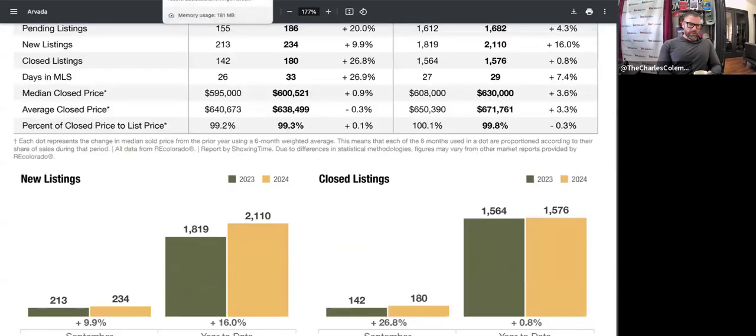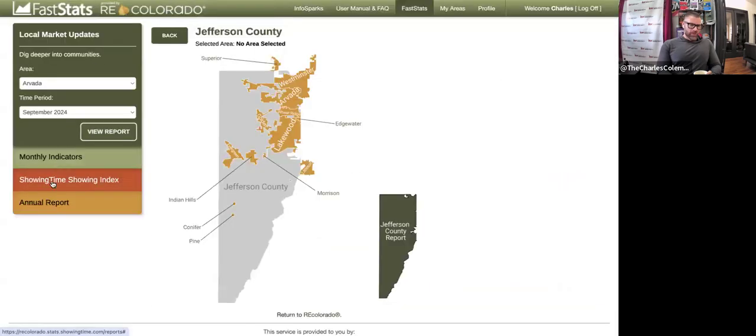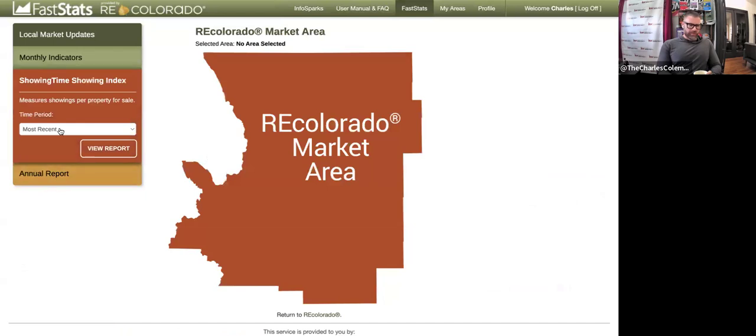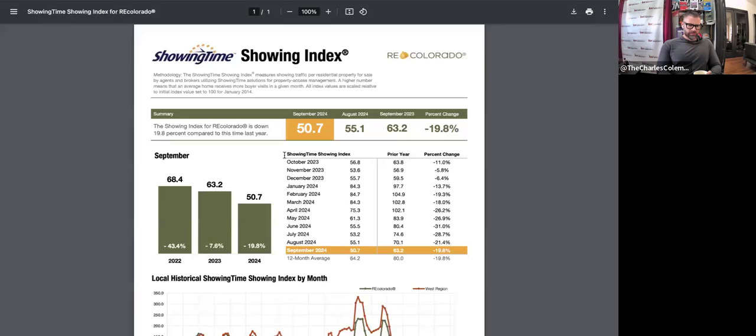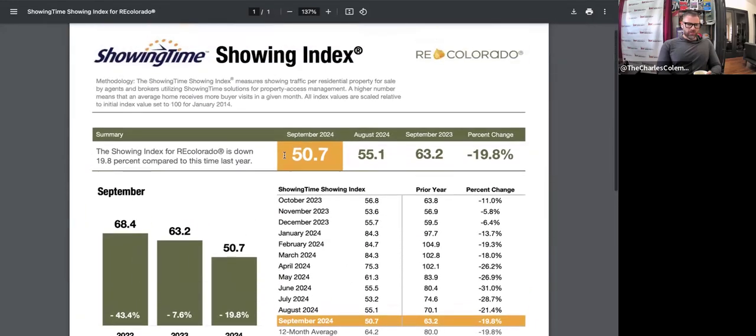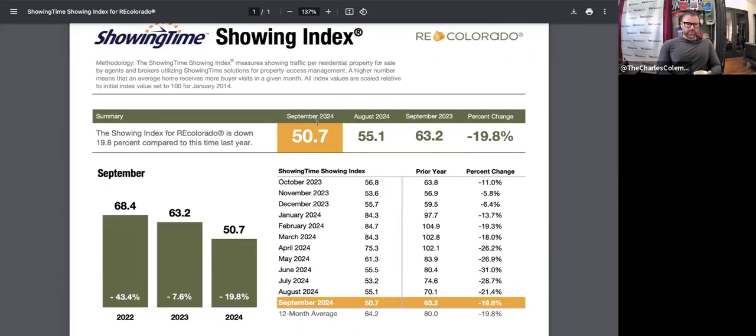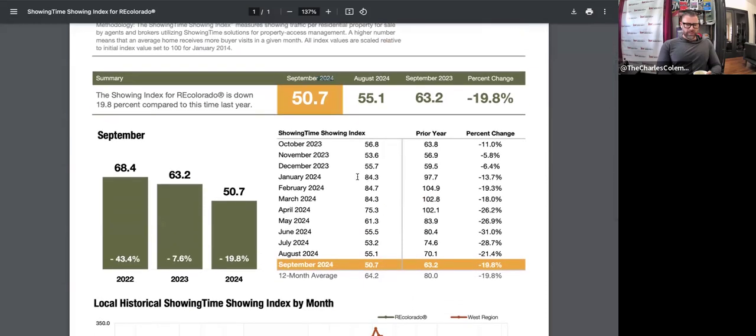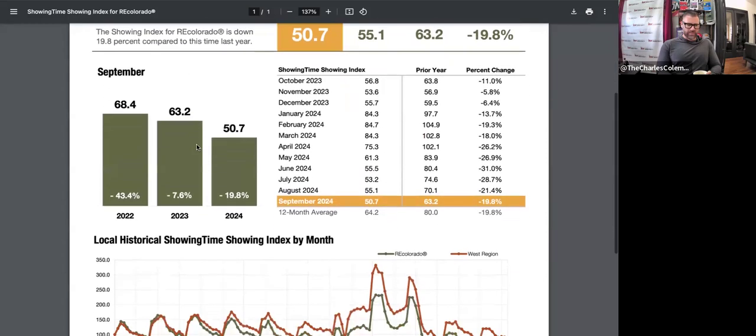What we can also do, again, on Fast Stats, we could go to showing time showing index. Let's go September. It's interesting, like, we can look at this data. So here's September, August, September, 2023, 2024, right? We can look at this, and it says the showing index of RE Colorado is down 20% compared to this time last year.